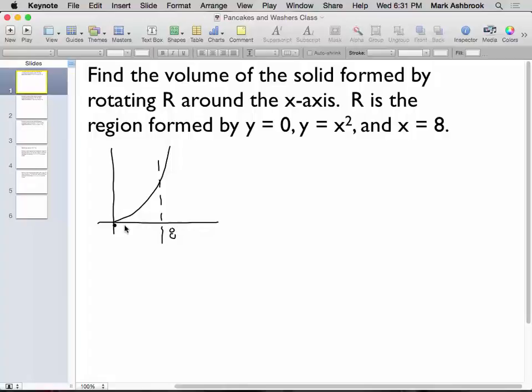So there was y equals 0, that's the x-axis, x equals 8, and y equals x squared. And we rotated about x equals 8. Oh no, the x-axis.